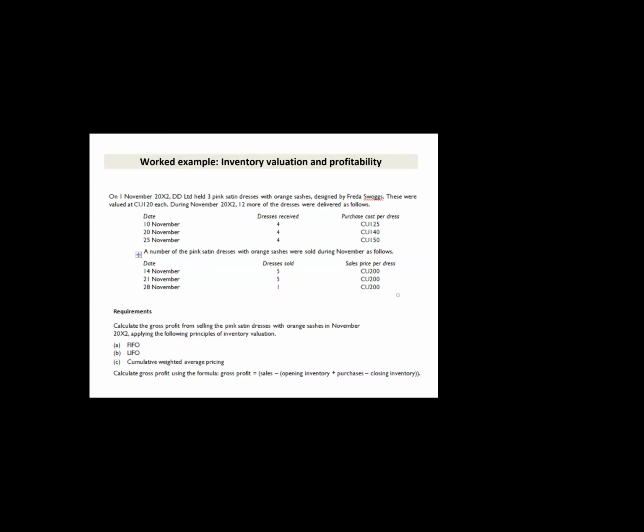Now, first we have to check the status of inventory at 10 November. So inventory status of 10 November is 3 pink satin dresses at the rate of 120 and 4 at the rate of 125.